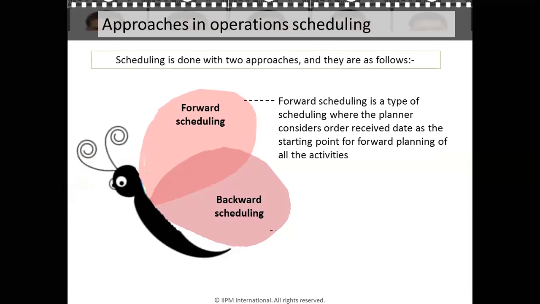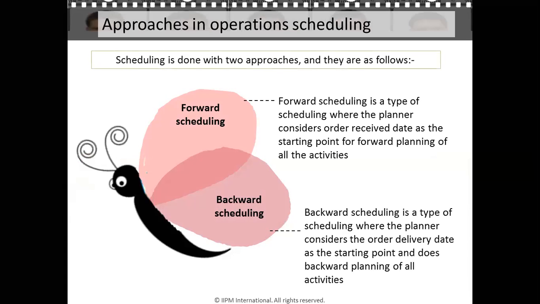Now, what are the approaches in operational scheduling? We have two basic approaches. We have the forward scheduling and the backward scheduling. So the forward scheduling is a type of scheduling where the planner considers order received date as the starting point of forward planning of all the activities.